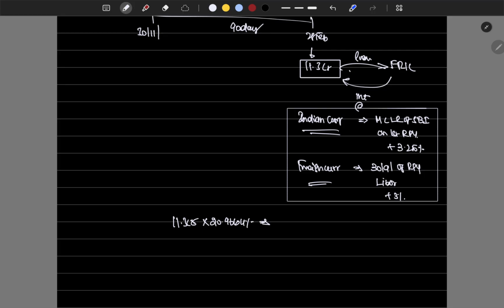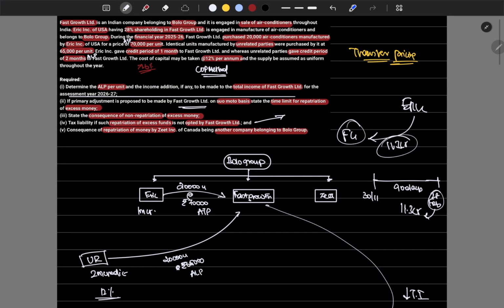This is the percentage determined by the government. That comes to 2.37 crore, which will be paid to the Indian government to stop this consequence of non-repatriation.